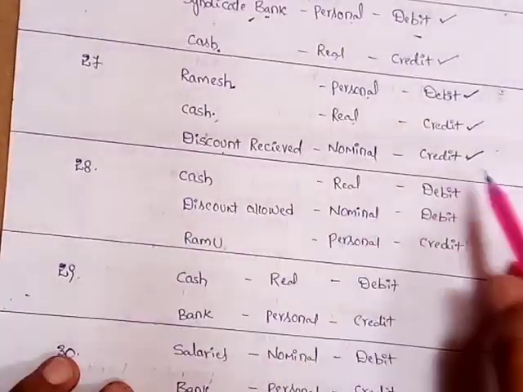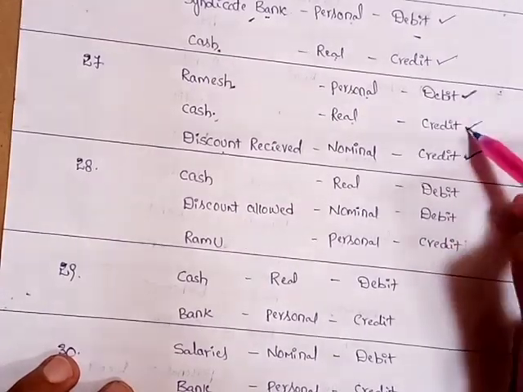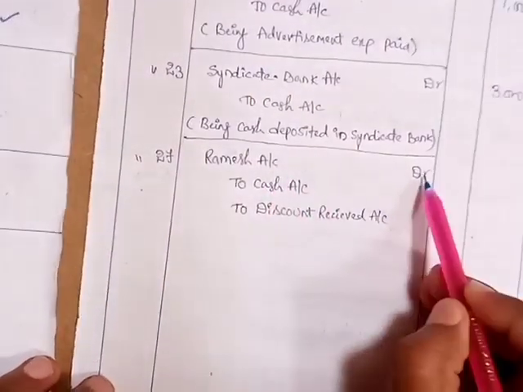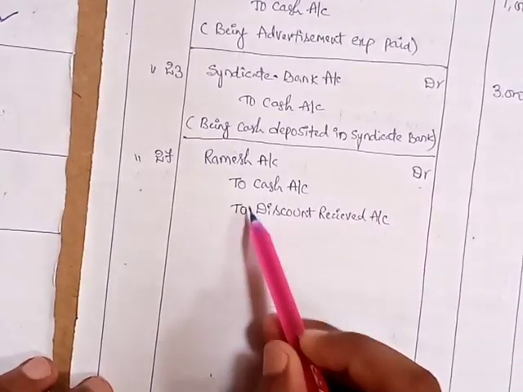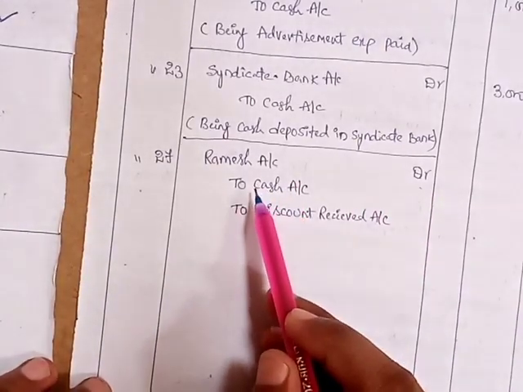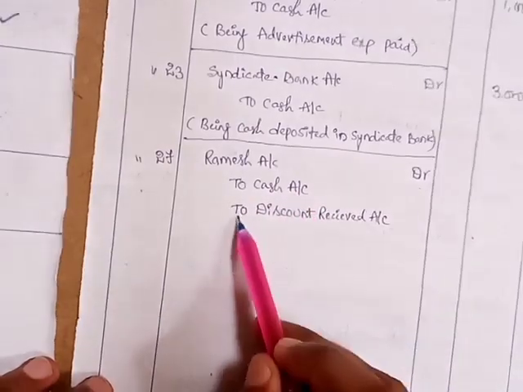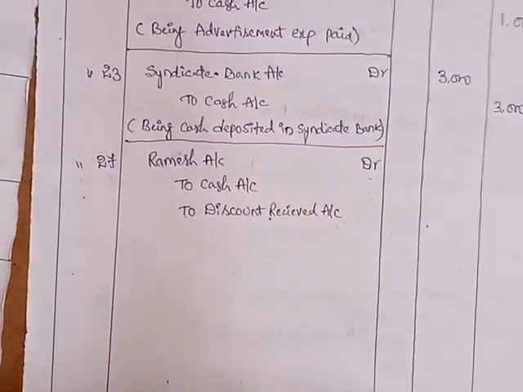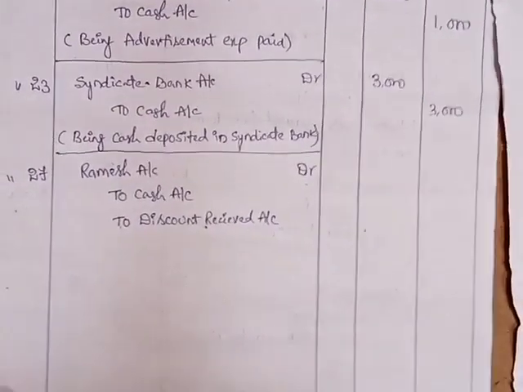So in this transaction there is one debit aspect and two credit aspects. That's why first of all we must write the debit aspect, and next the two credit aspects, to cash account, to discount received account.